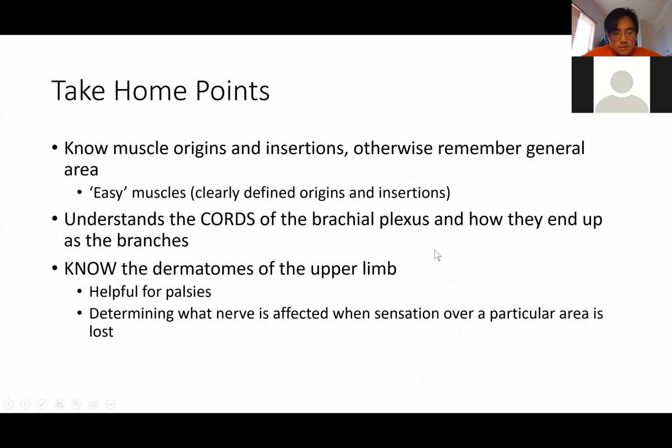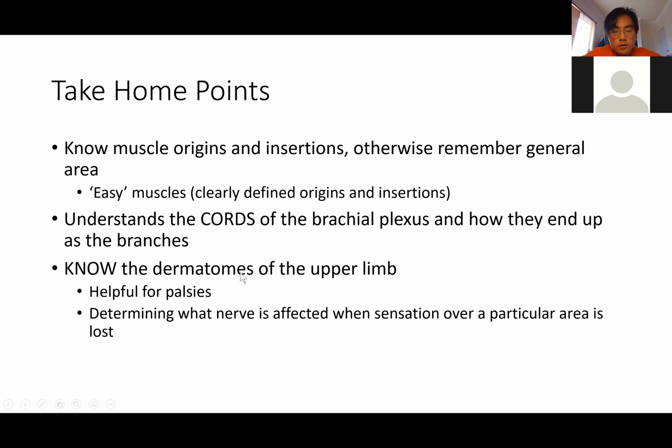All right, so take-home points from today. Know your muscles and origins and insertions, especially for the easier ones, okay? Otherwise, remember the general area for the complex ones, because they'll help you really know the actions of muscles and also help you understand the forearm muscles, which are really annoying to do. Understand the cords of the brachial plexus, right? I've emphasized this a lot, and how they end up as the branches. So posterior cord will give rise to the nerves that go to the posterior arm.